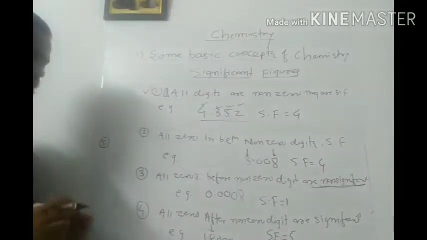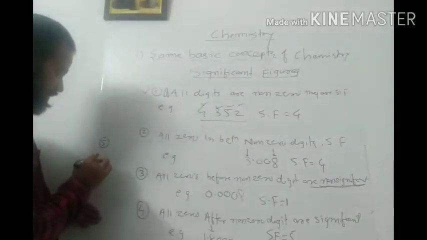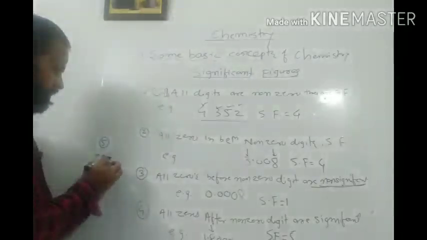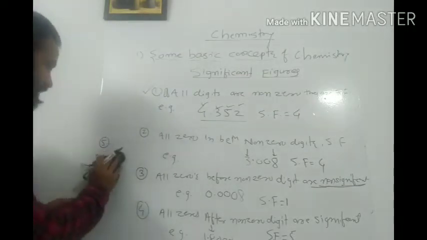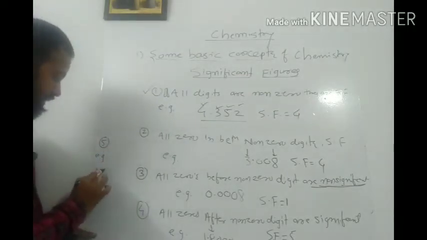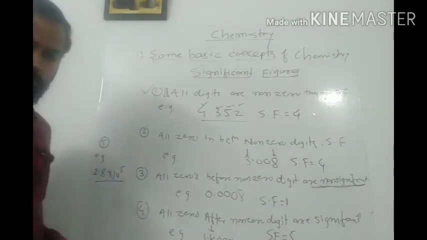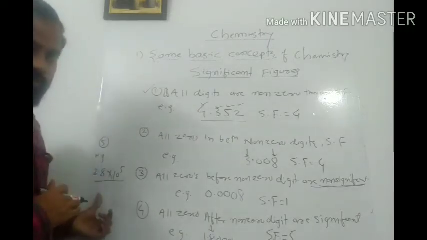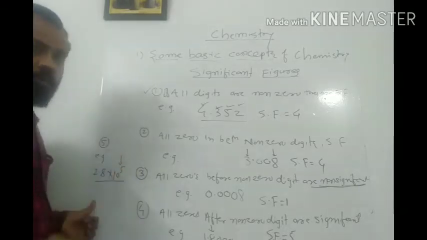If a power is available in the digits, let me give you an example directly: 2.8 into 10 raised to 5. If such a figure is given to you and we have to write down its significant figures, then we simply neglect the power term.